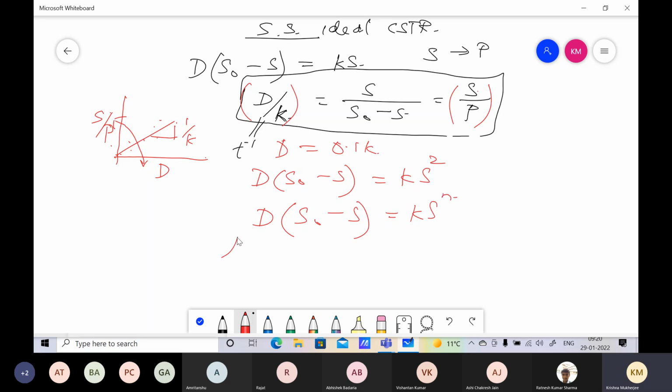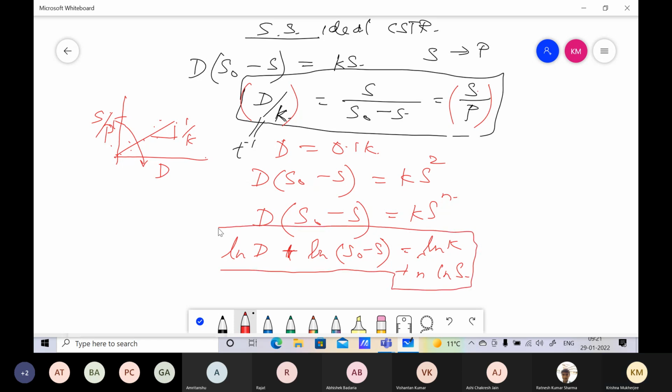So you have to say ln D plus ln S naught minus S is equal to ln K plus n ln S. And so arranging these plots carefully so as to be able to find out both n and K is a tricky business, but not very difficult mathematically, much more difficult actually experimentally.